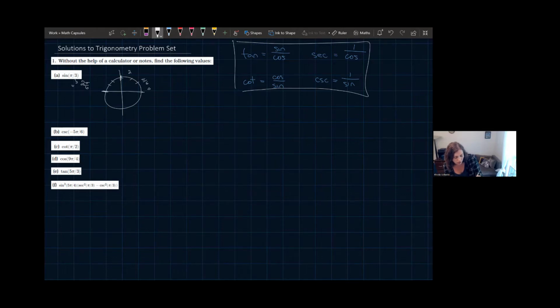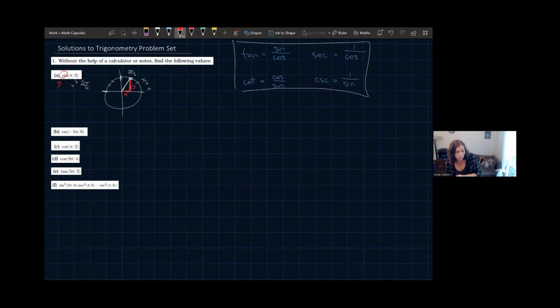So I just count 0, 1 pi over 6, 2 pi over 6 is right here. And I'm just drawing this triangle because I need to think about what's bigger, x or y. I'm looking for sine. Sine is the y value. That would be the height.